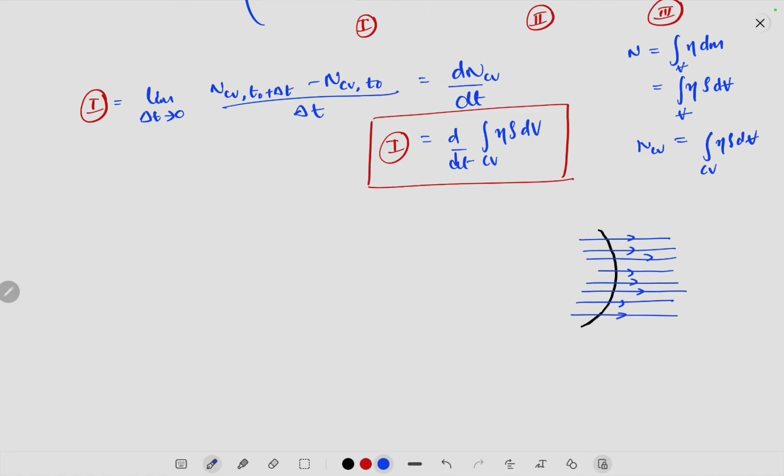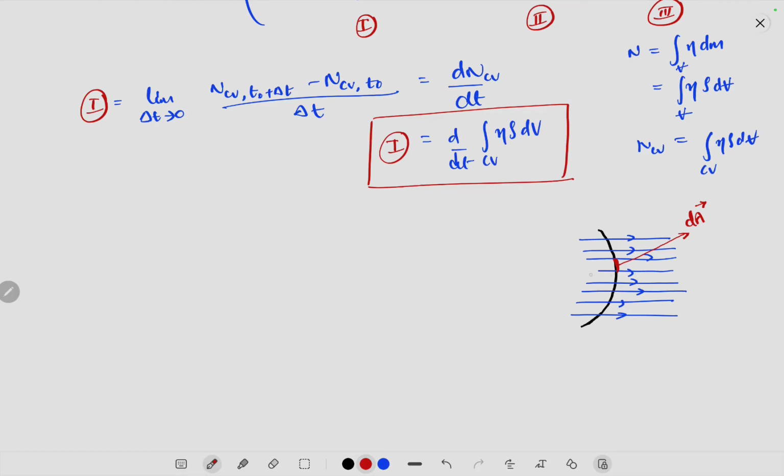Now let's consider an elemental surface dA on this given surface, and let's say the dA vector of the surface is pointing like this. I'm just exaggerating this dA vector for clarity.